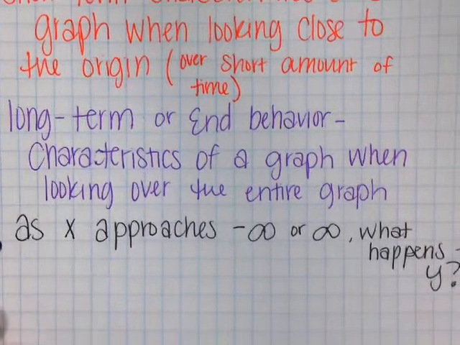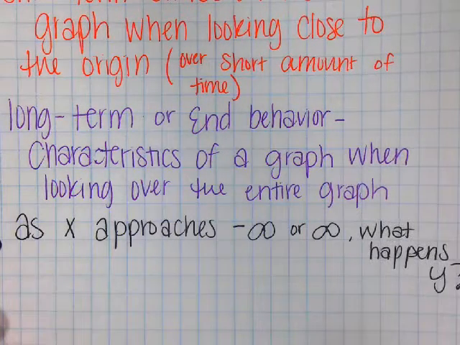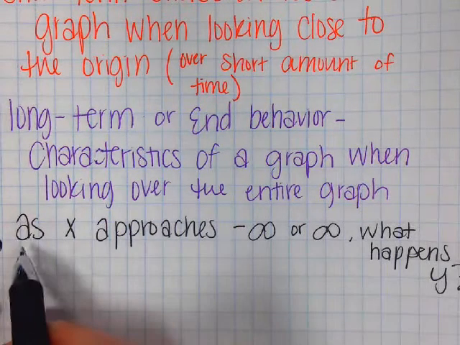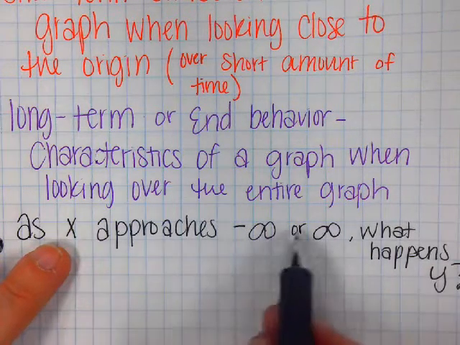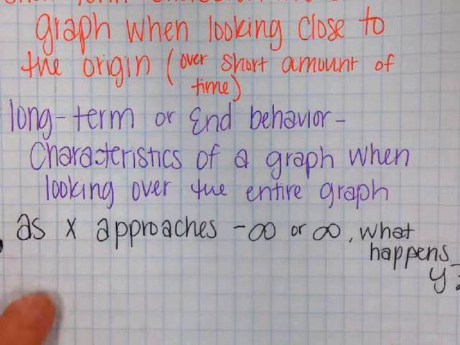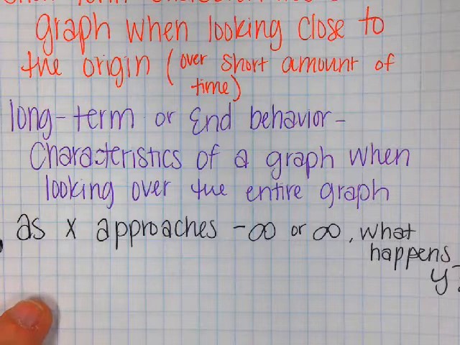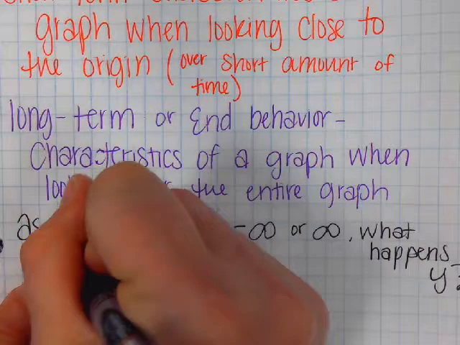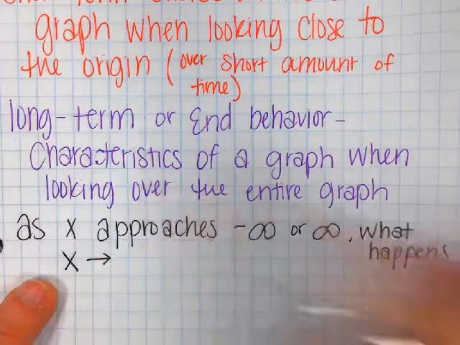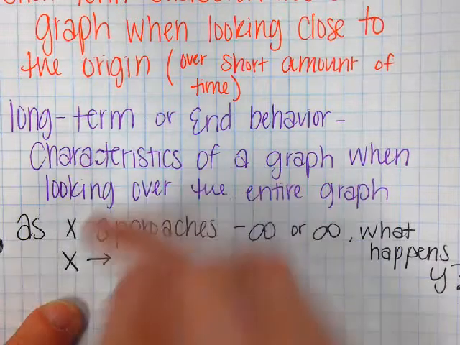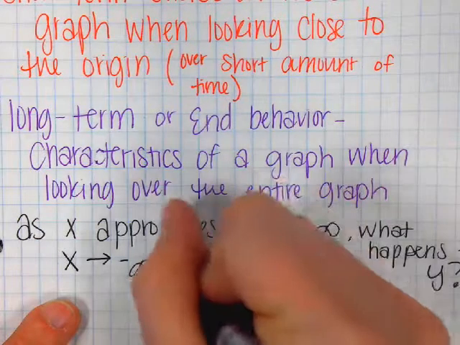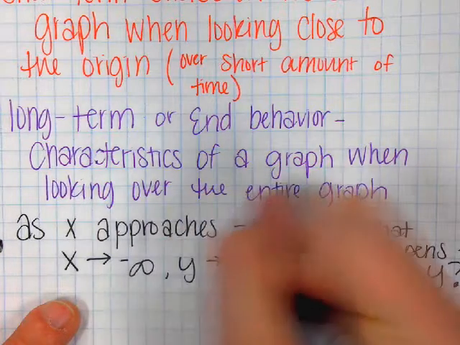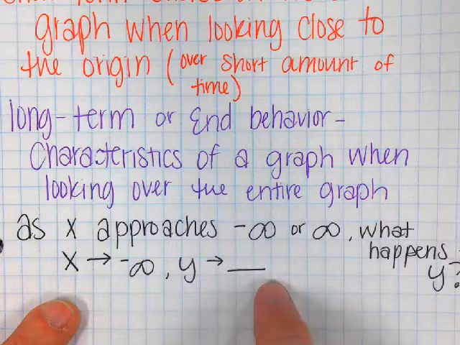You will always, and of course pause this if you need to keep writing that down, read it as x approaches negative infinity or positive infinity, what's happening to y. So you write it as: as x approaches negative infinity, y is approaching either positive or negative.